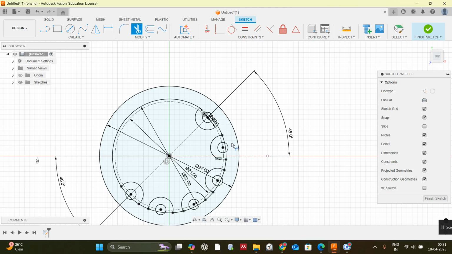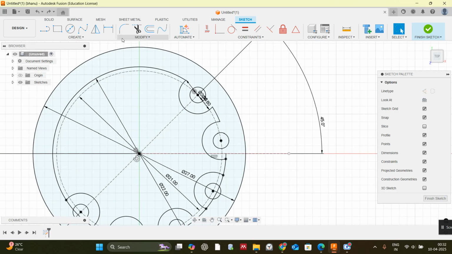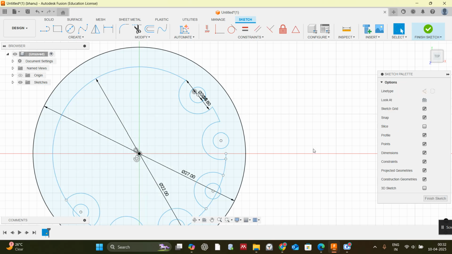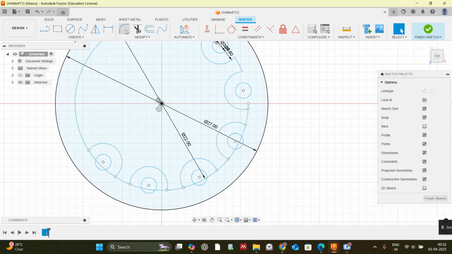Now you gotta trim this. Now, after removing the construction lines, it is easier to trim.